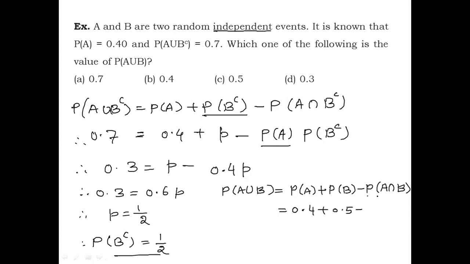Minus probability of A intersection B, which will be probability of A into probability of B. Probability of A is 0.4, probability of B is 0.5. So 0.4 plus 0.5, that is 0.9, minus 0.2. And the answer is 0.7. A is the correct option.